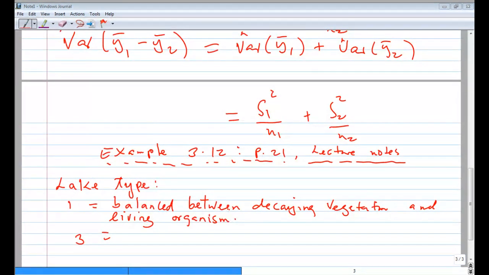Those are the given information about lake of type 1. So lake of type 2 represents the high decay rate, okay, and little oxygen.